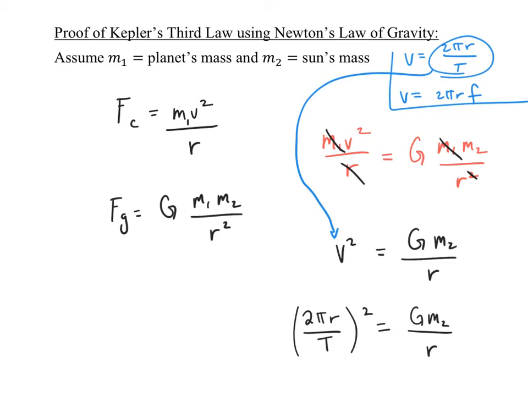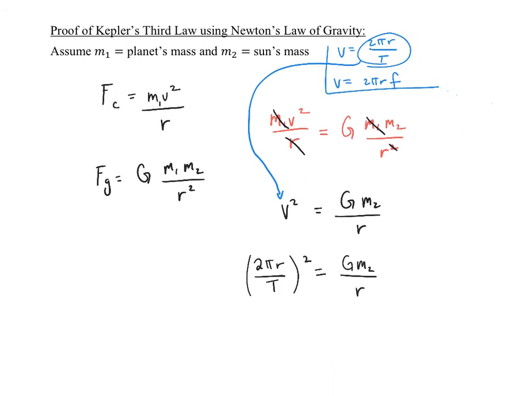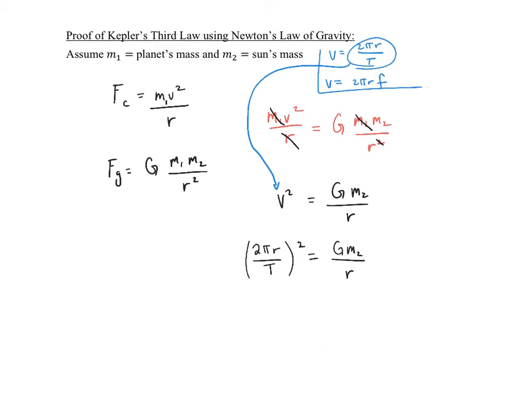And if we're trying to prove Kepler's third, we probably want to get t squared and r cubed somehow there. So let's go ahead and distribute the square. So far, so good.